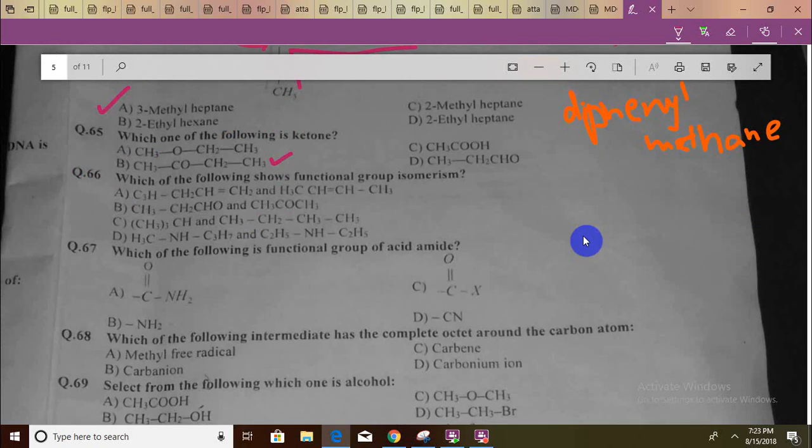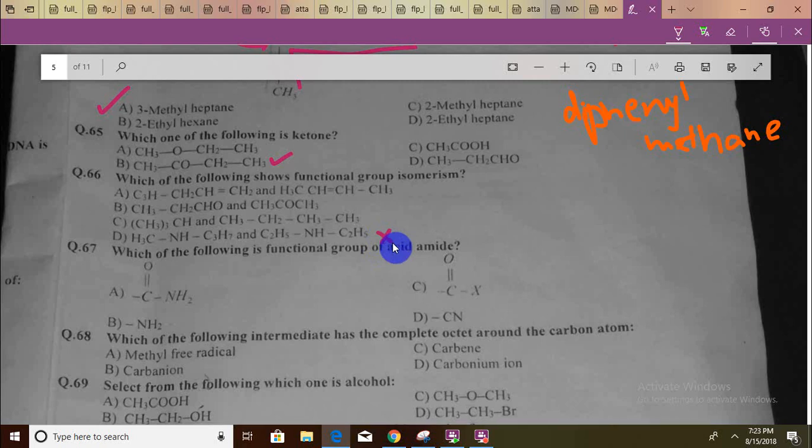Which of the following shows functional group isomerism? It's when they have different functional groups. CH3NH C3H7, and if you, it's 3, 4, 10. Now you have to realize that it's not functional group isomerism if they have the same functional group.